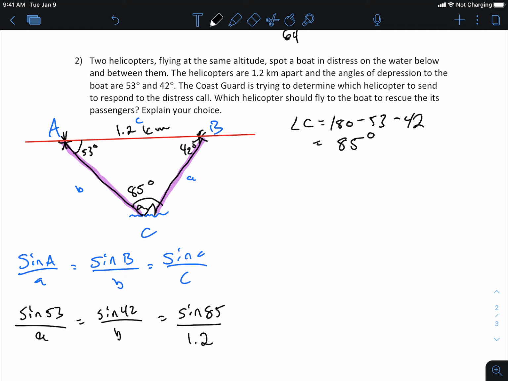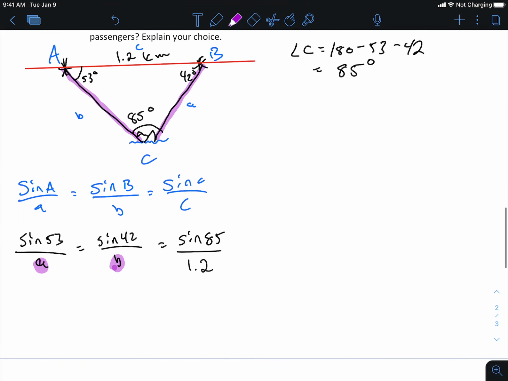Now I could use either, well, both. I need to know B and I also need to know A. So you're gonna have to do this calculation twice and then make a decision, right? But in both instances, you're gonna use sine C over c. Okay. So let's do side length A first, okay?